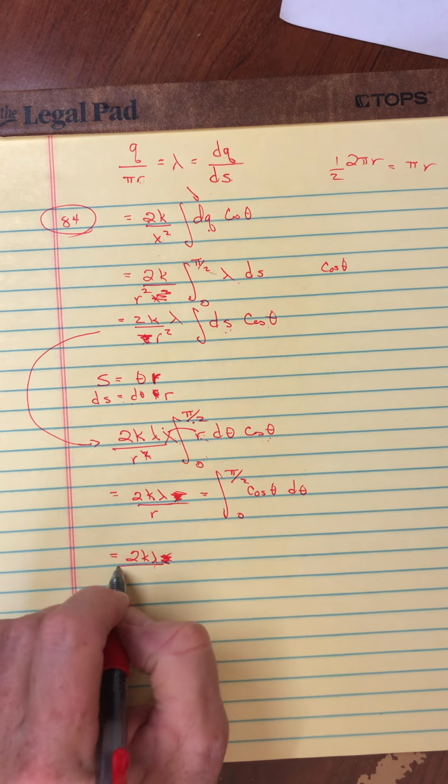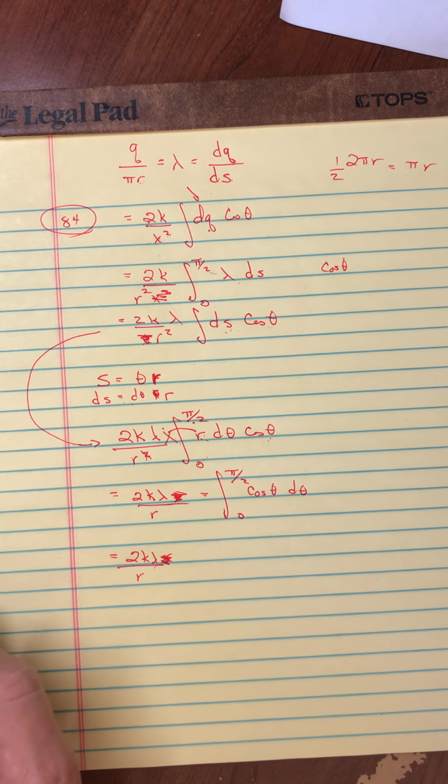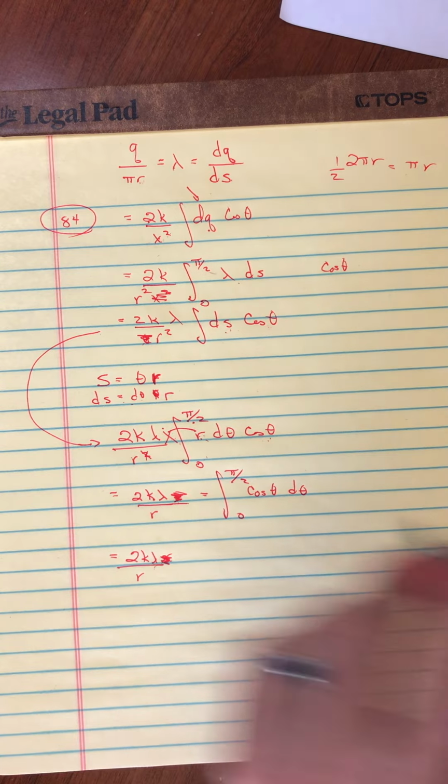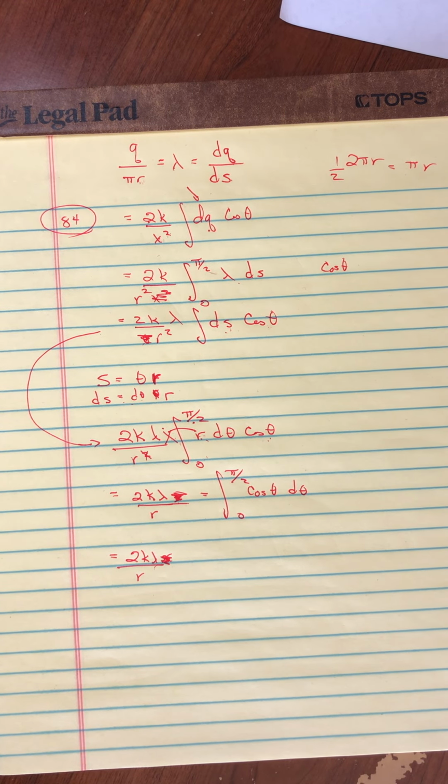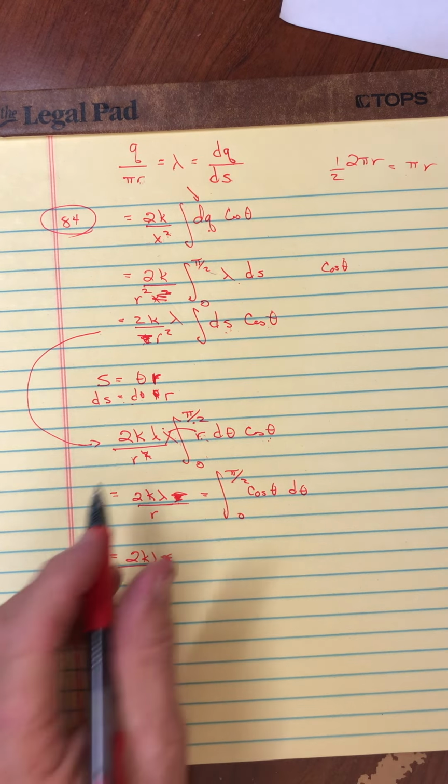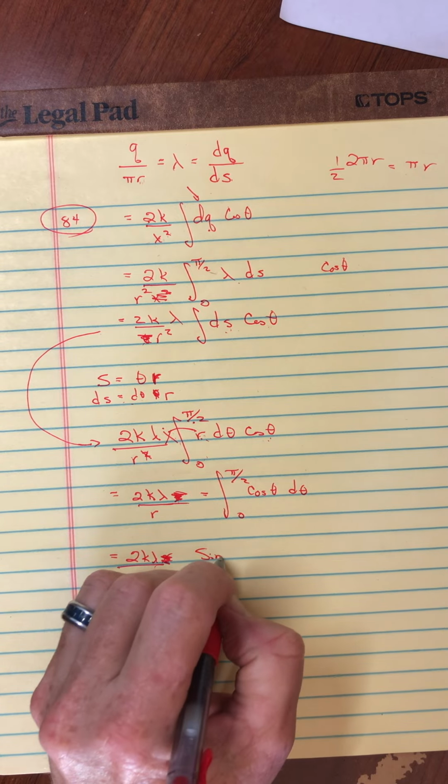Okay, but now we need to think about what is the antiderivative of cosine. I need to think myself, sine, the derivative of sine is a cosine. Okay, so the antiderivative of a cosine is a sine.